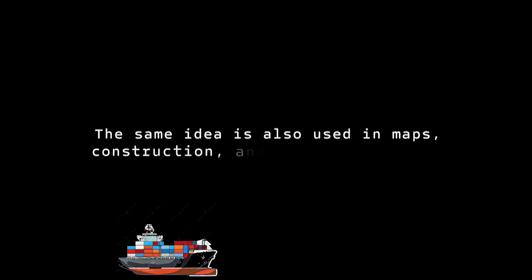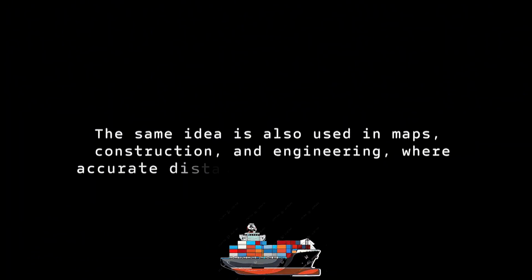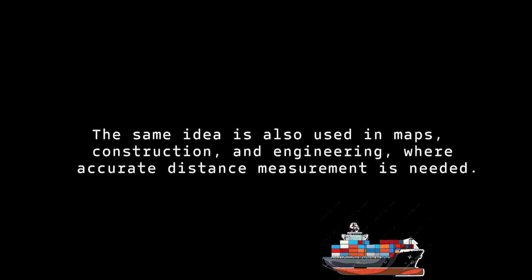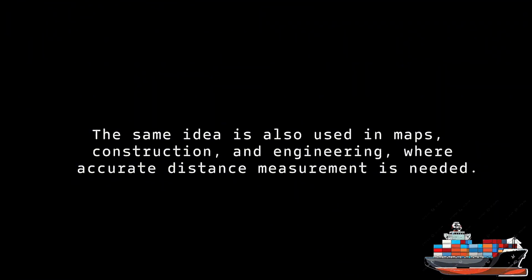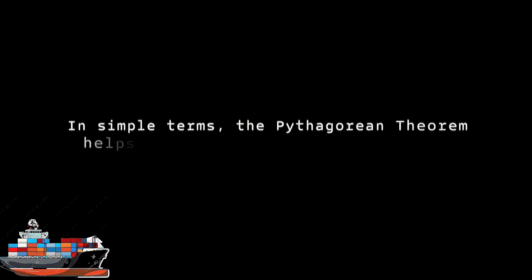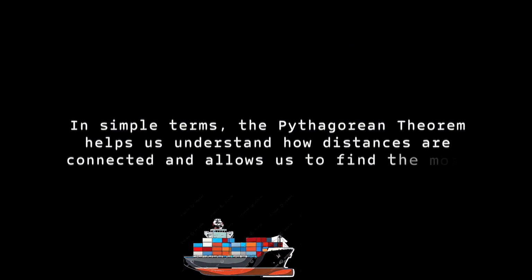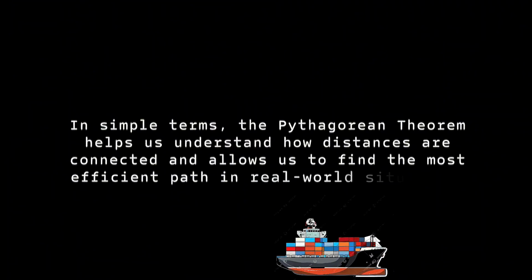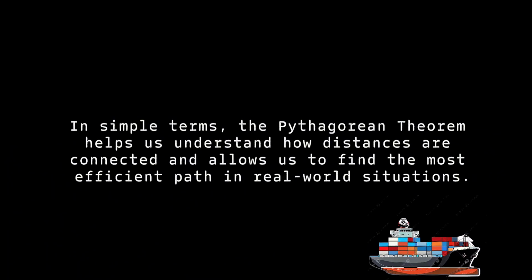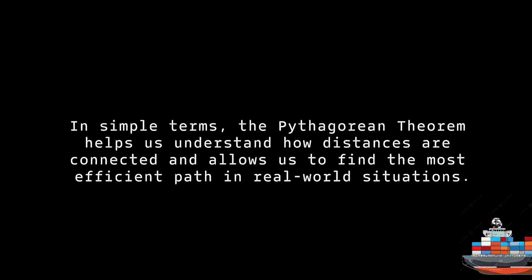The same idea is also used in maps, construction, and engineering, where accurate distance measurement is needed. In simple terms, the Pythagorean theorem helps us understand how distances are connected and allows us to find the most efficient path in real-world situations.